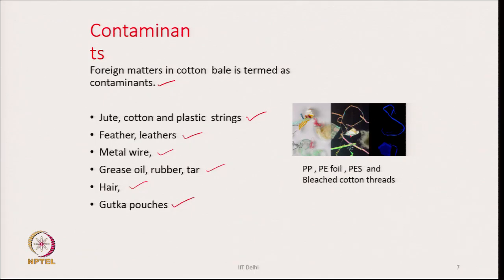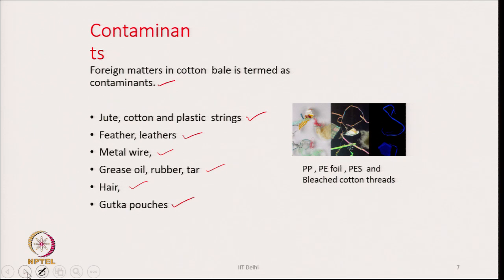So, they are not really natural to the cotton fiber, but they arrive along with the cotton bale in the mill, and these are also a source of problems for the spinning mill, and some pictures are given here just to show. These are another type of impurities in cotton, but they are classified as contaminants.